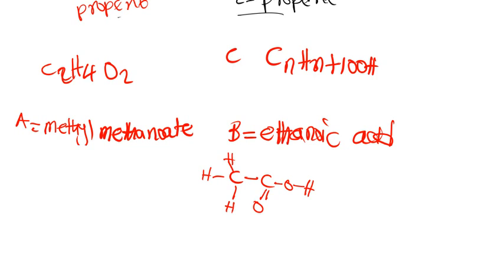All esters end in -oate. Now drawing the structure, we have our C bonded to another C, then hydrogen, another hydrogen here, satisfying the octet rule, another hydrogen.